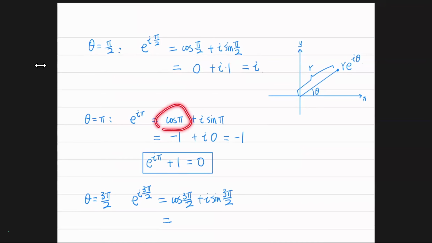So what is cosine pi? What angle is pi, Kira?